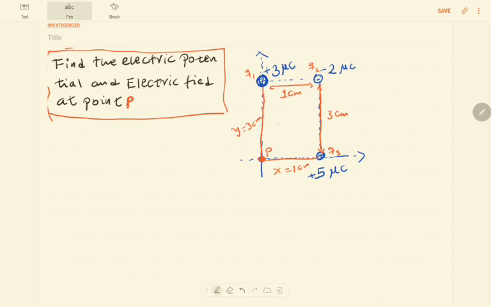And of course between the charge Q2 and the point P you would find a separation distance of r. The separation distance r is simply found using Pythagoras theorem. So you will find that r equals square root of x squared plus y squared.